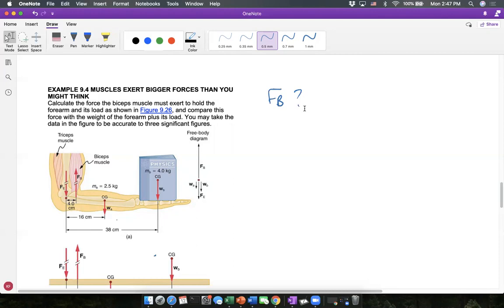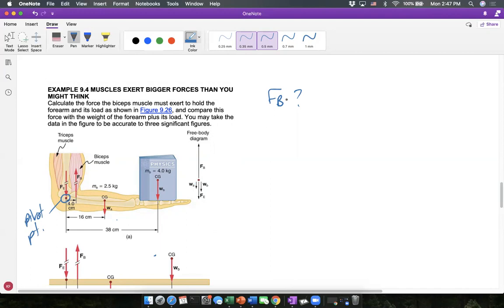So if we don't know that force, let's go ahead and get my pen and call that point here our pivot point. Because remember in our last ones, at that pivot point, we kind of ignore whatever force is right there in the meantime.